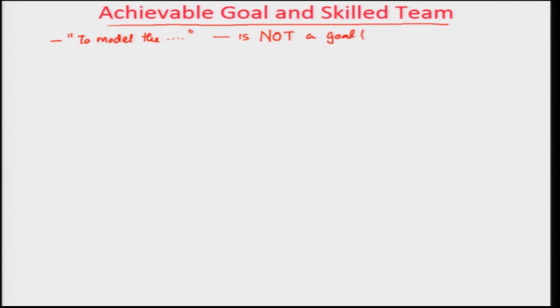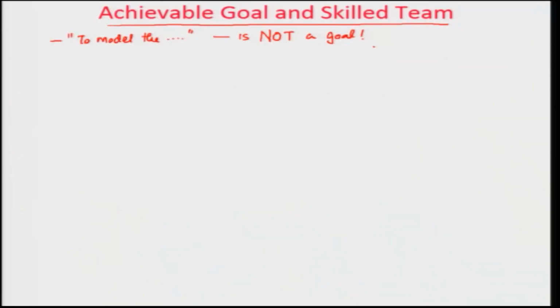In business studies, the simulation studies related to business, to model the system is not a goal. This is something that you should remember. You are not trying to model this. Okay. So then what is the goal?